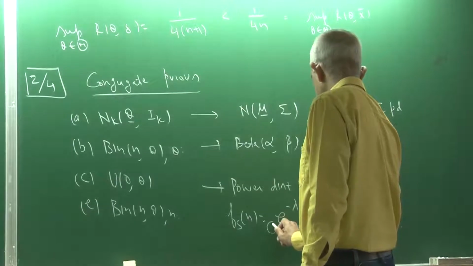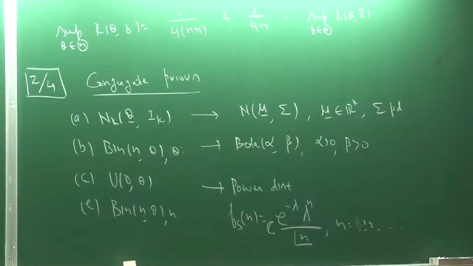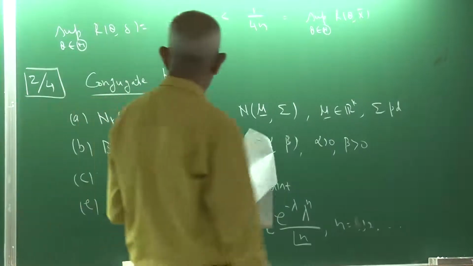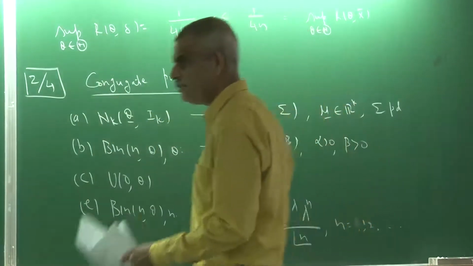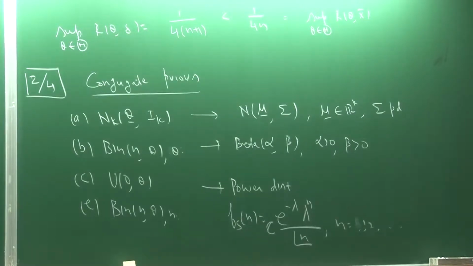And you can put here some constant. Now what was the D part? D is exponential. So exponential could be inverted gamma. So you can complete this, right?